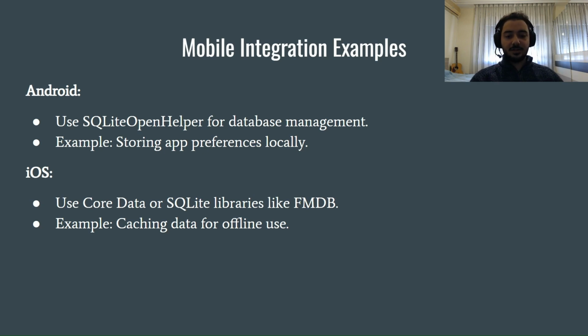For example, you can use it to store user settings or local data caches. On iOS, developers often use Core Data or libraries like FMDB to achieve similar functionality. These tools ensure data is managed efficiently and help handle challenges like performance optimization or error handling.